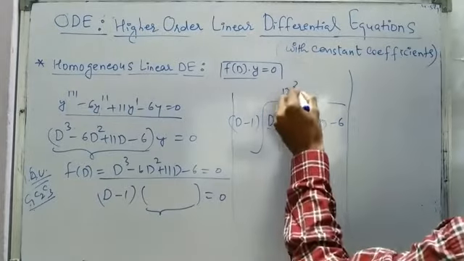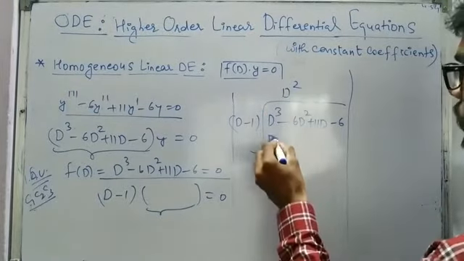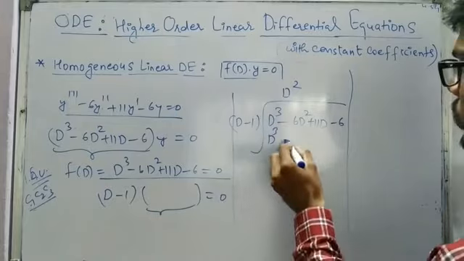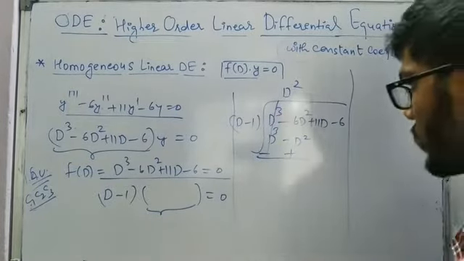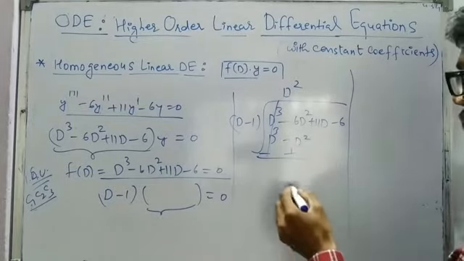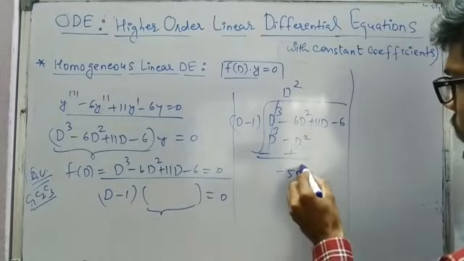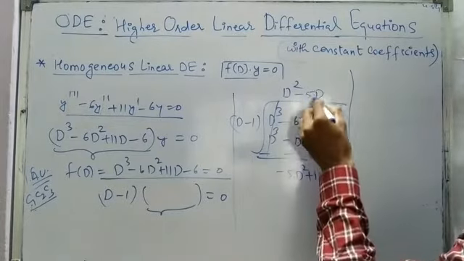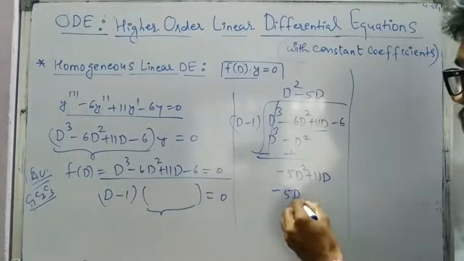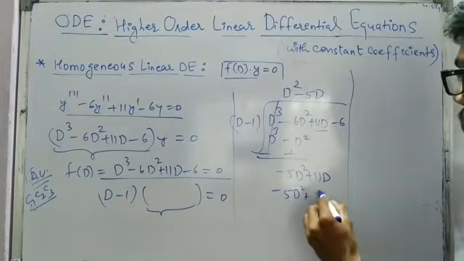So we have D square over here, so D square into D is D cube and minus D square. So minus plus, this gets cancelled, and minus 6D square plus D square is nothing but minus 5D square, and 11D we will take from here. So minus 5D we have to take, so this is going to be minus 5D square and minus minus plus 5D.